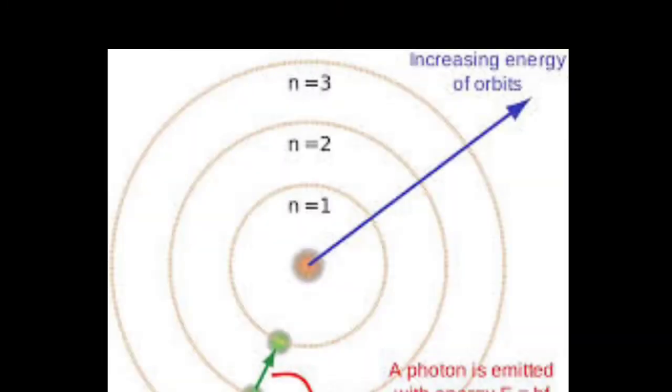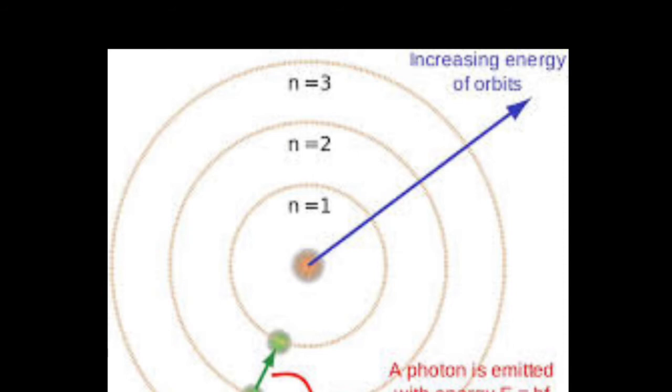The distance between nucleus and orbit increases with the increase in value of n, and the energy of orbits also increases. Once again, the distance between nucleus and orbit increases with the increase in value of n. That means the first K shell is very near to the nucleus, so its n value is 1.